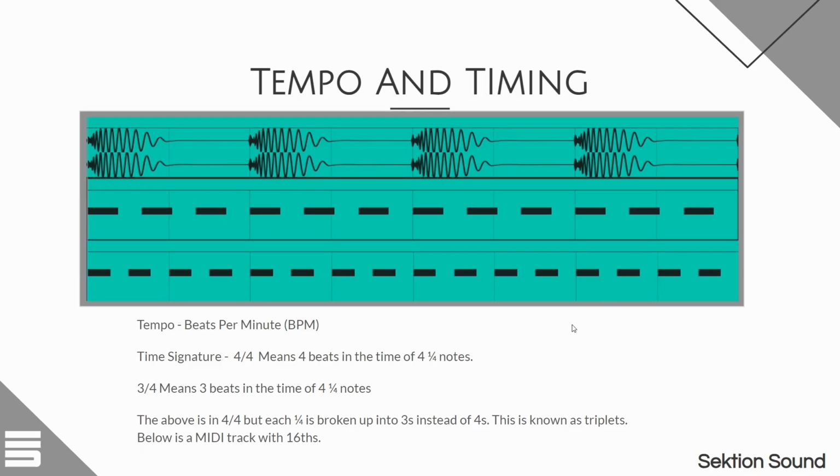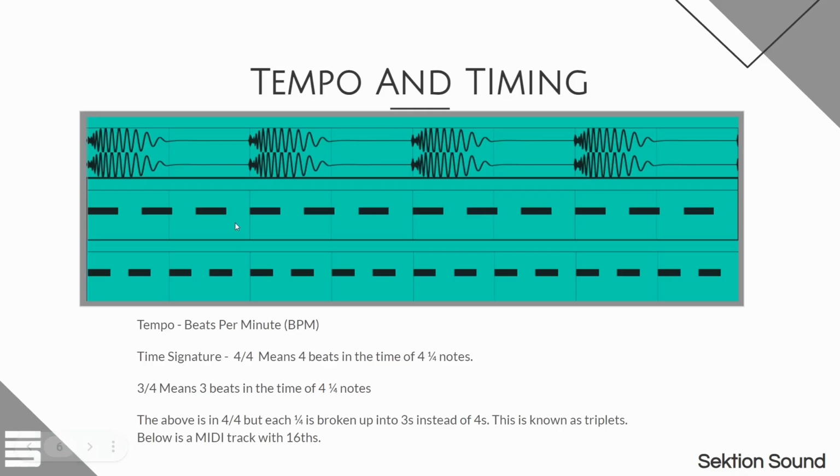And typically in all dance music, or 99% of dance music, it's in 4/4 timing, which means there's 4 beats, 4 quarter notes. So I've got my kick here on every quarter note. We can see there's 4 of those evenly spaced in my bar.